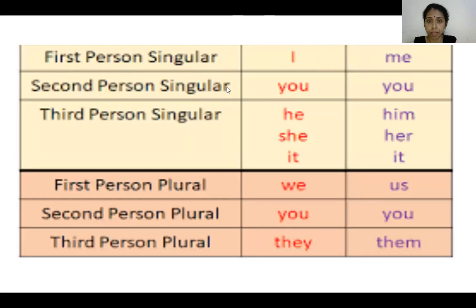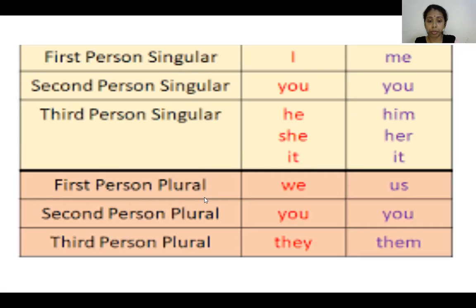Second person singular: in the second person singular number, we use you, you. Third person singular number: in third person singular number, the pronoun words are he, she, it, him, her, it.